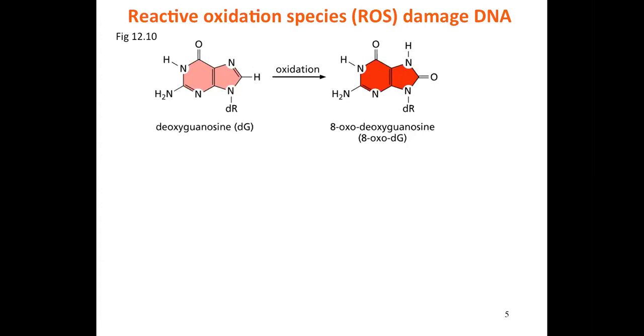So many of these are what we call reactive oxidation species, or ROS. So in that case, these are molecules floating around that have a tendency to oxidize other molecules they bump into.